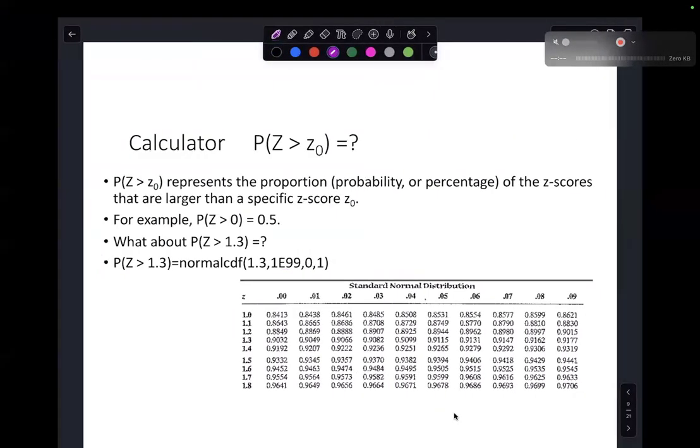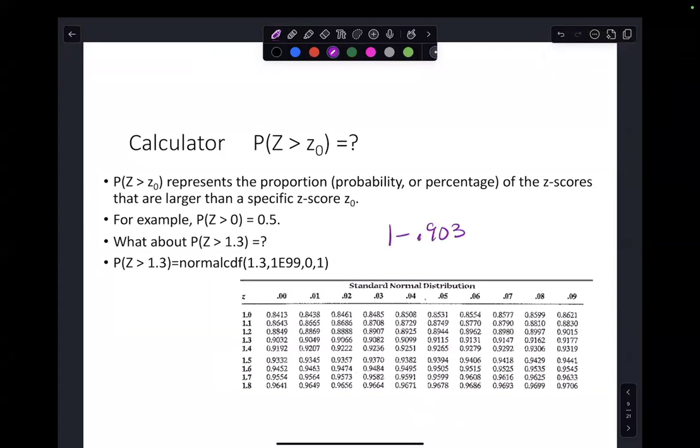All right. So the 1.3 on my Z-table, 1.3 is right here. It's 0.9032. So I did 1 minus 0.9032. And we have 0.0968.